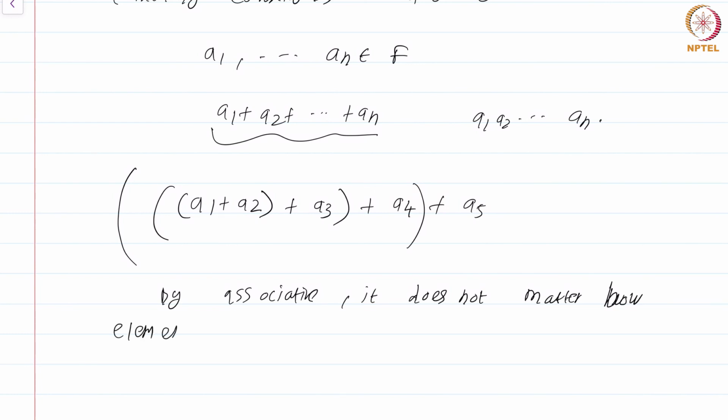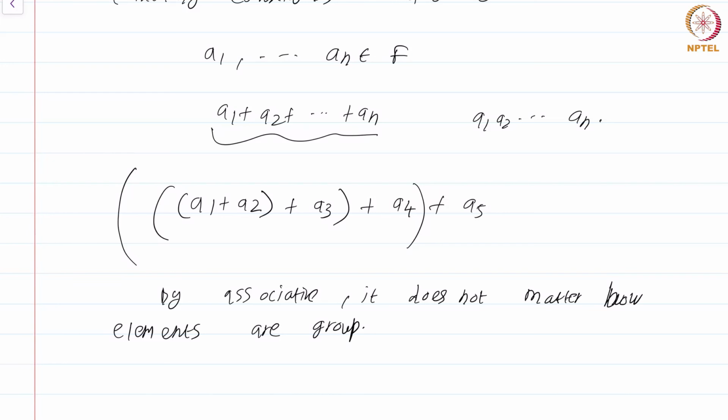You can group them in any way you want. To actually prove that it doesn't matter how you insert the parentheses and just by associativity you always get the same answer, you have to use a boring argument using mathematical induction that I will not be interested in. So we will just skip it.